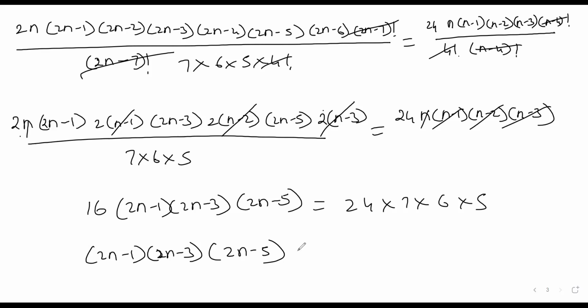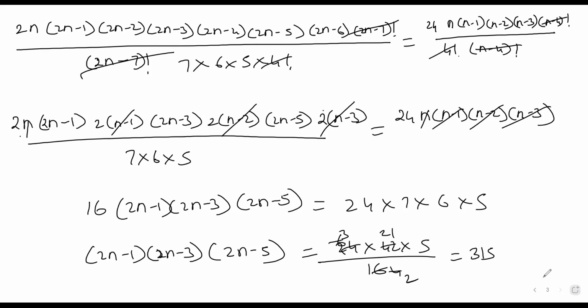See, these are not even consecutive. 24 into 42 into 5 upon 16. This is 15 into 21, which is 315.